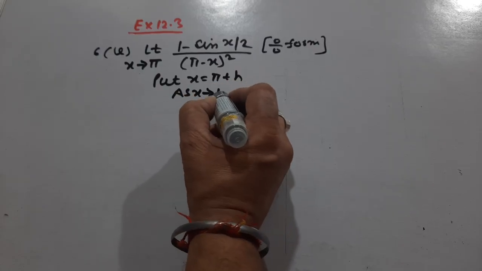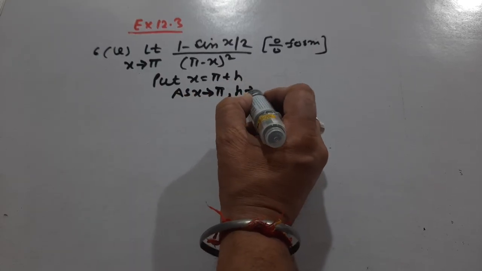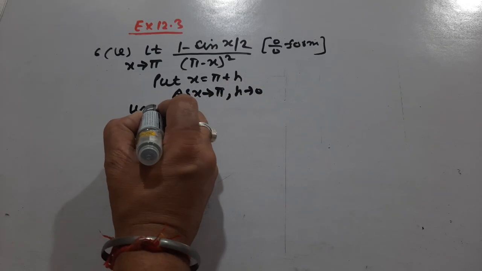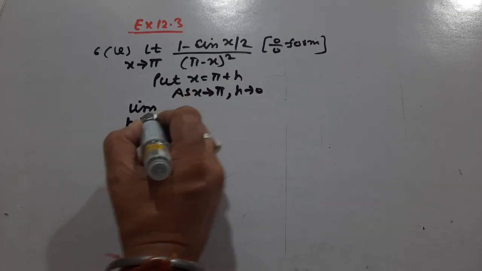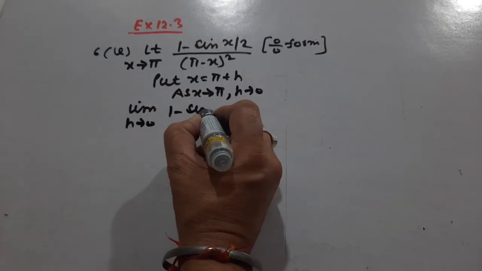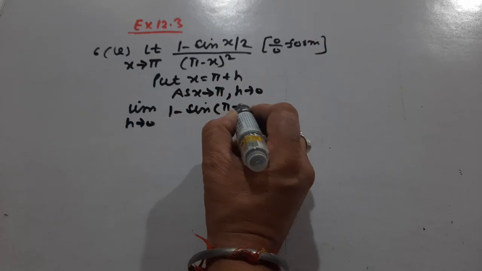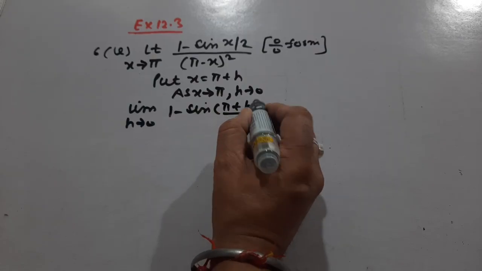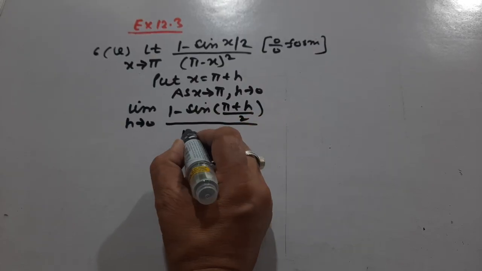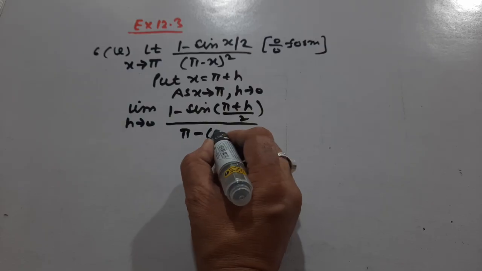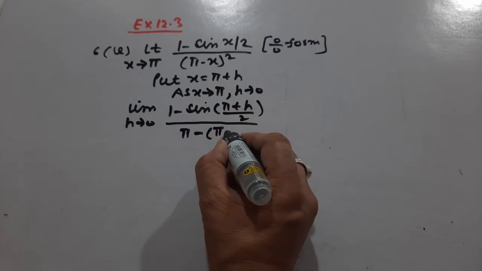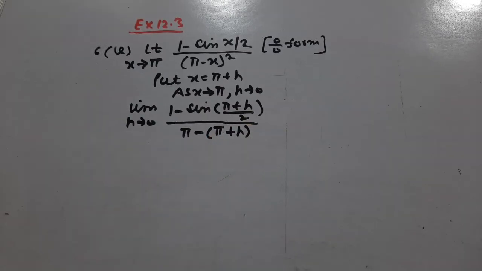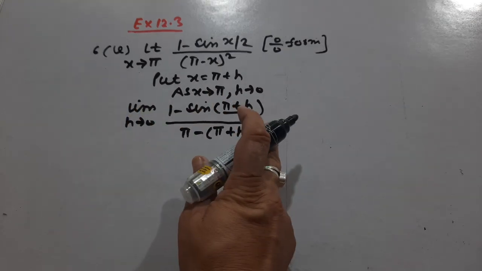As x tends to pi, h tends to 0. So limit h tends to 0, 1 minus sine pi plus h upon 2, and in place of x I can write pi plus h. So replace x with pi plus h.